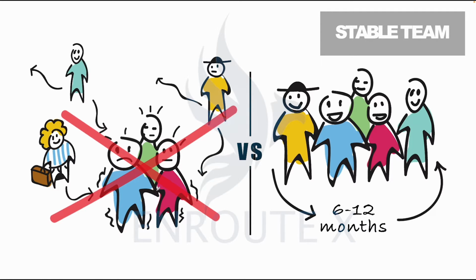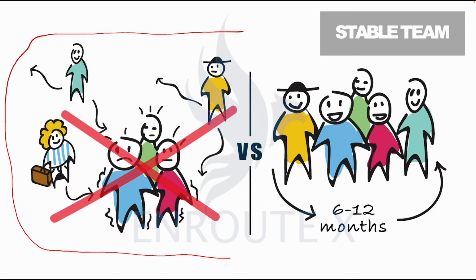And if we look at this slide, on the left side, we would see the members changing from a team. We can see the guy in green coming in and going out.